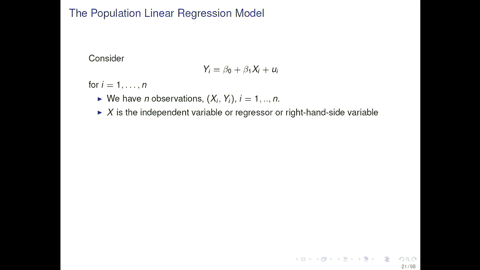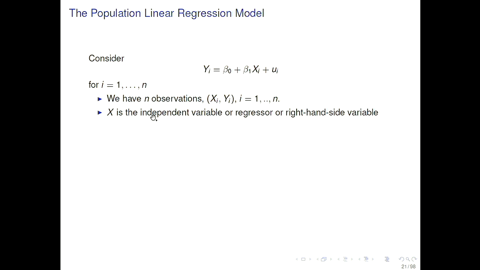In the literature, the variable on the right-hand side is called independent variable or regressor. I prefer the last one, right-hand side variable. If we call it right-hand side variable, then the location of the variable is so obvious. It's on the right-hand side, right? But traditionally, it's been called independent variable, and sometimes regressor. Actually, many times it is called regressor.